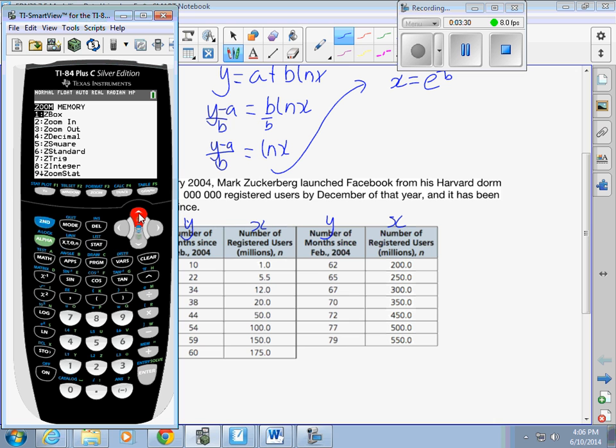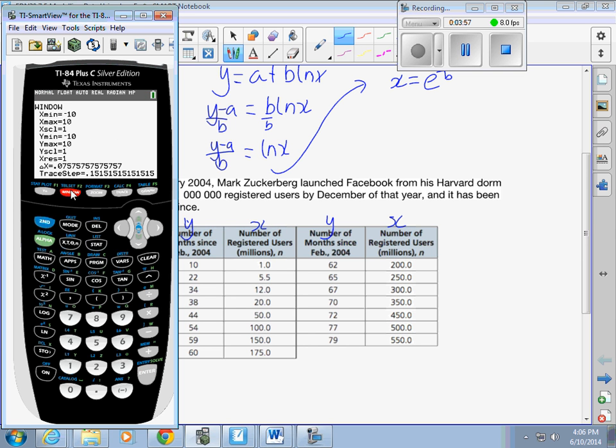I'm going the wrong way. I think the other way is. Oh, look at all those. Go to 0. Okay, why didn't it zoom in? Okay, I guess I'll just do it the old-fashioned way.